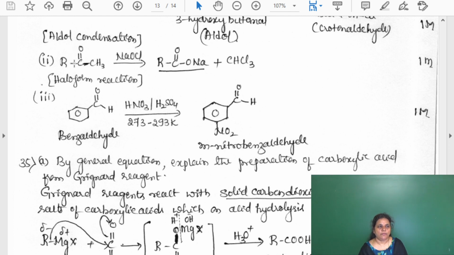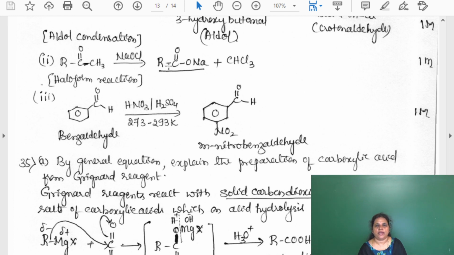The group may be R or hydrogen or the methyl group here, but the alpha methyl group is already there in the ketone. So haloform is a reaction for ketones. It is a special oxidation, the oxidation of alpha methyl ketones, where the ketone must contain an alpha methyl group. The ketone group undergoes oxidation to the respective sodium salt, and the methyl group gets converted to the respective haloform, here chloroform, and the reaction is haloform reaction.